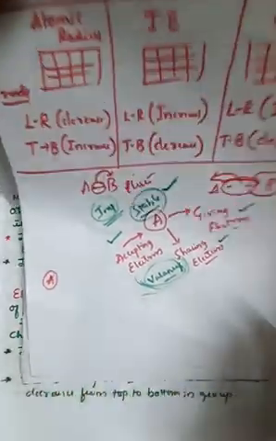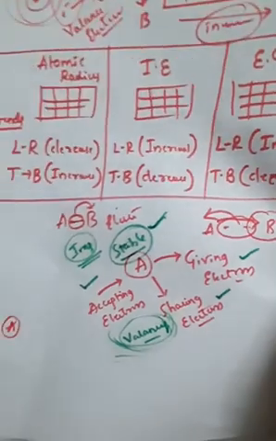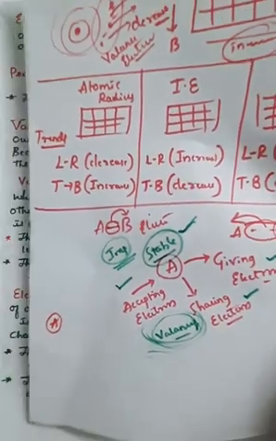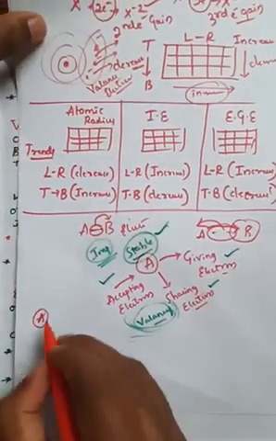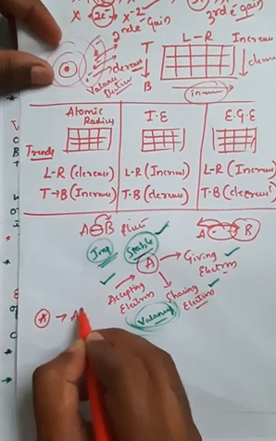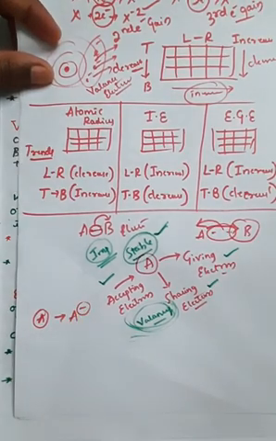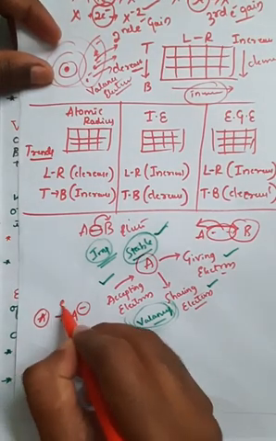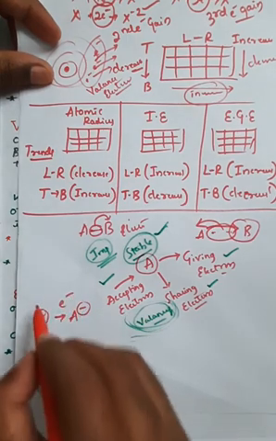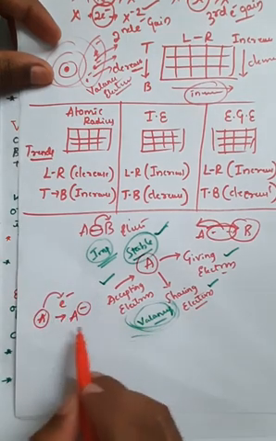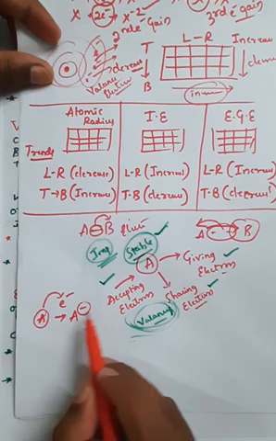atom A, it can be converted into A minus by adding one electron. By adding one electron, it is converted into A minus, right?